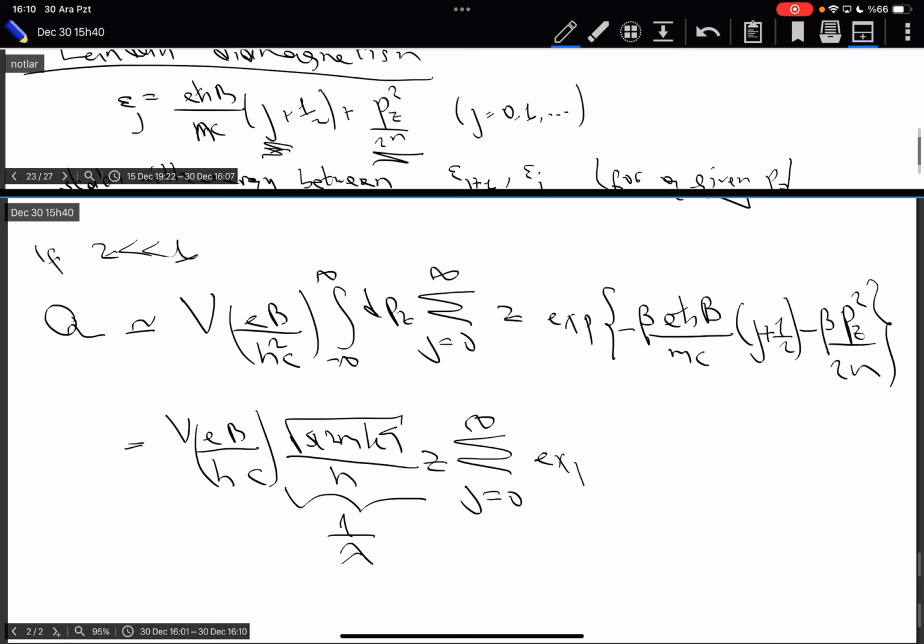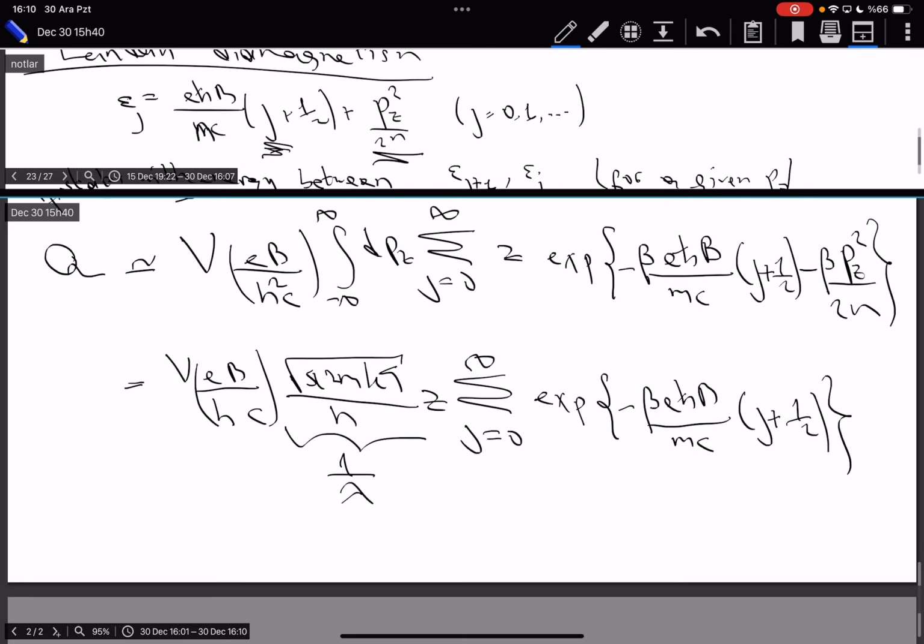We have the exponent of minus beta e h bar B over mc, j plus 1 over 2. I can evaluate the sum over j. V eB over hc, there's a 1 over lambda, we have the z. We still need to calculate what the sum is. So what is that summation?